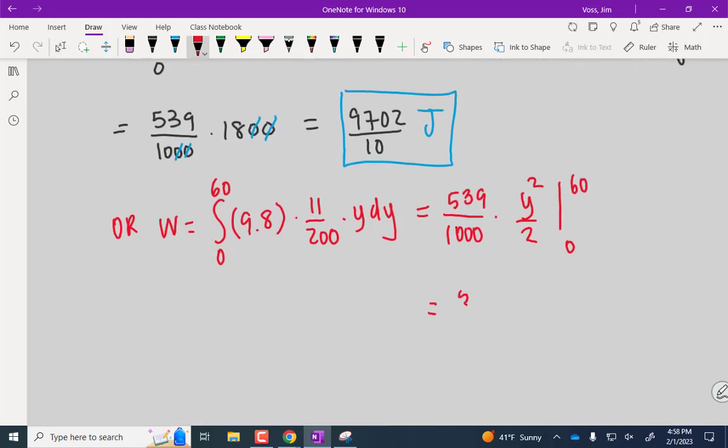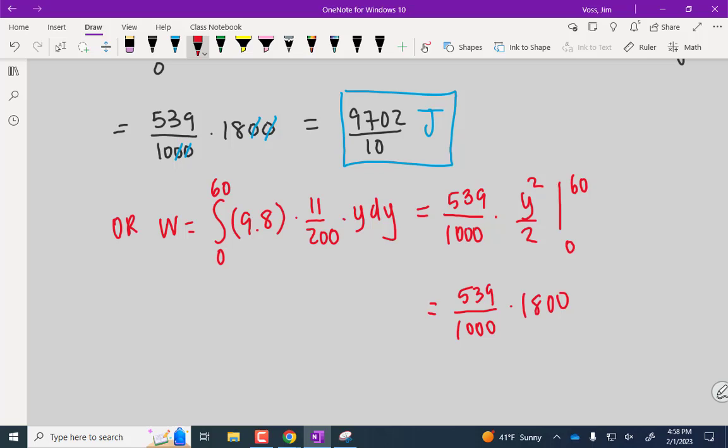Plugging in 0 gives nothing. Plugging in 60, this is 3,600 divided by 2, which is 1,800, which is exactly the same as before. Right?